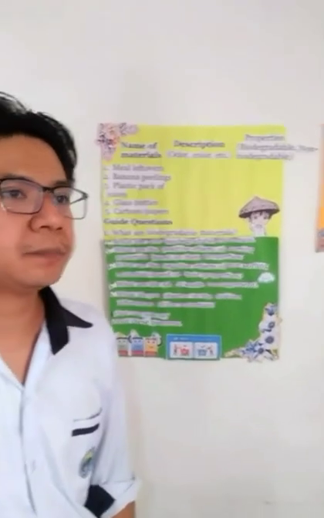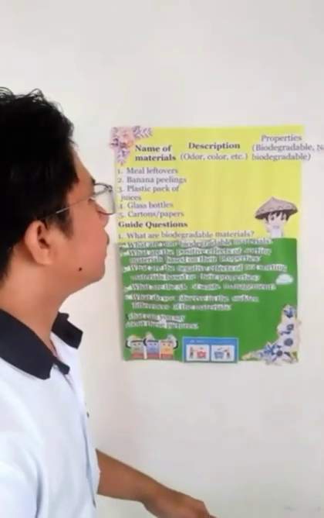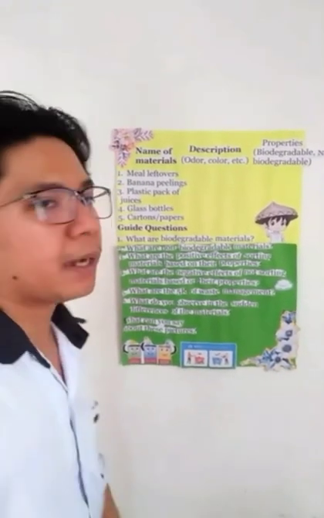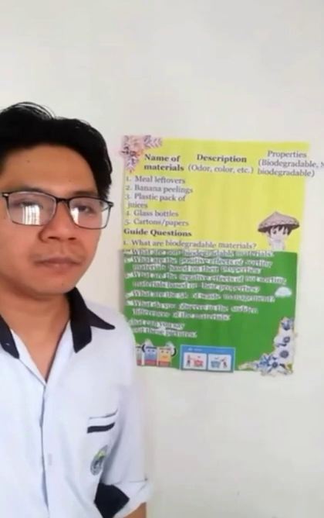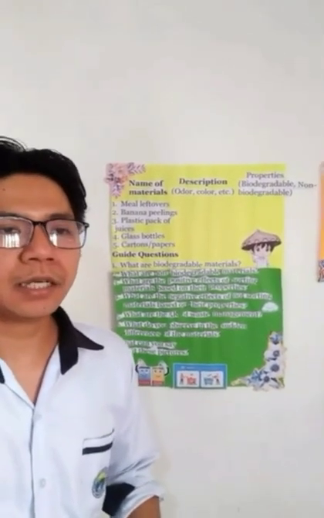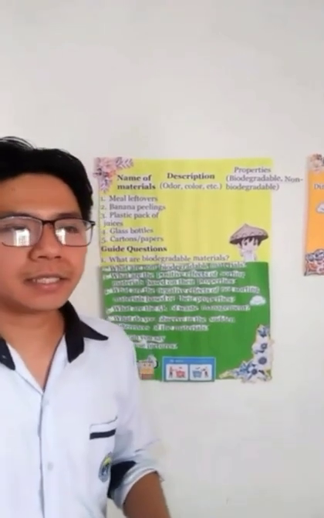After an hour or after a day, the meal leftovers may be eaten by bacteria that may lead to changes in color and odor. If a human or an animal eats that food, they may experience diarrhea and other sickness.